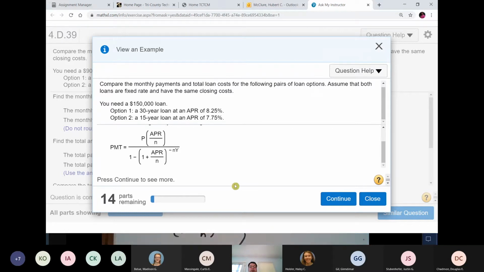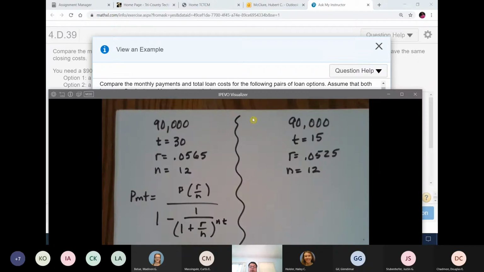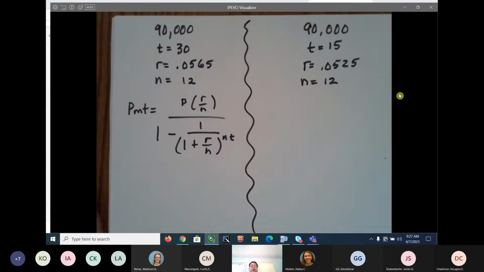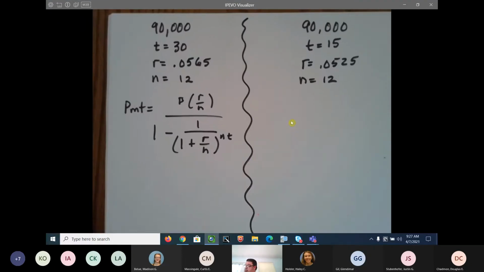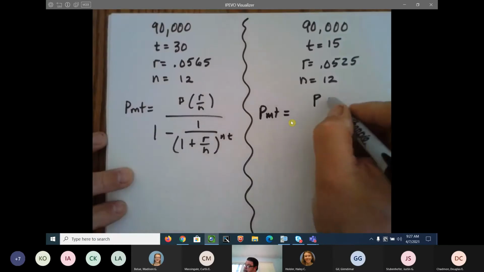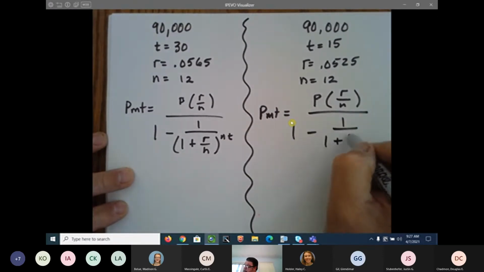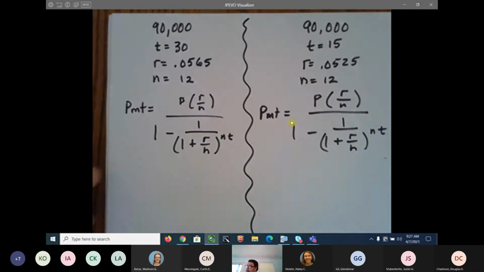For those of you that remember, I changed mine a little bit and told you to write it in terms of the real world, not this book, because this book sucks. Payment equals P times R over N over 1 minus 1 over 1 plus R over N raised to the NT power. Okay, plug and chug. I'm going to plug everything in, but I'm not going to write all the different steps. I'm going to do it in my calculator.